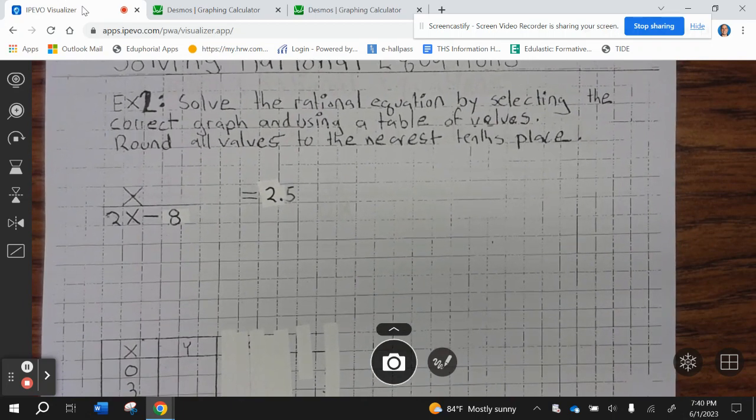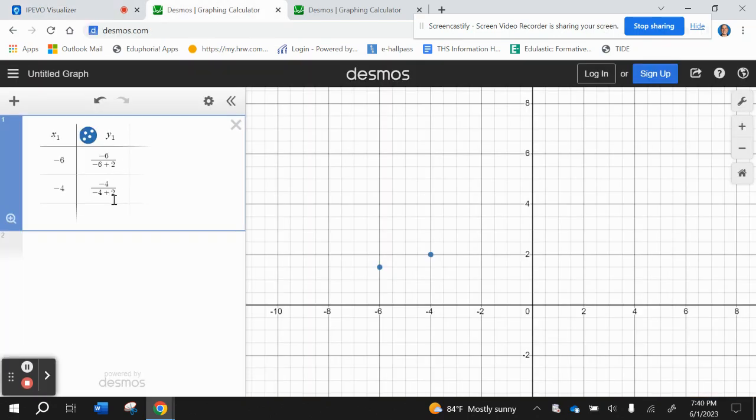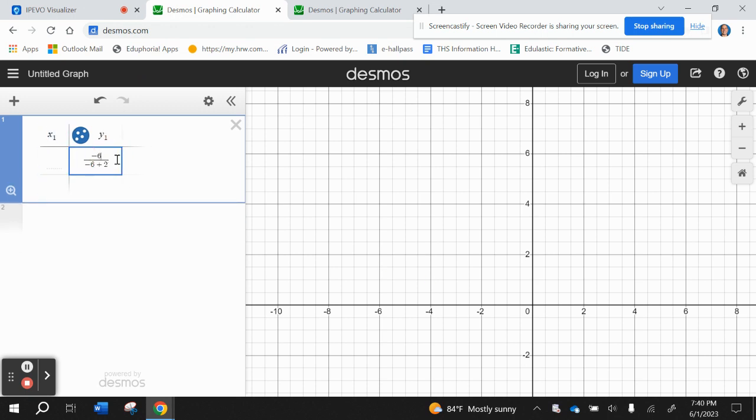All right, example 2. Solve the rational equation by selecting the correct graph by using a table of values. Round all answers to the nearest tenth place. So again, we're going to make a table. Let's delete these table values. Let's start with 0. So 0 divided by 2 times 0 minus 8. That's 0.00.